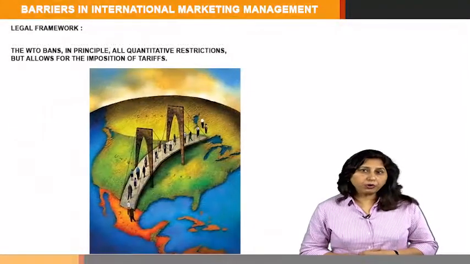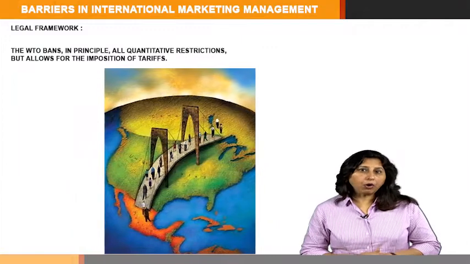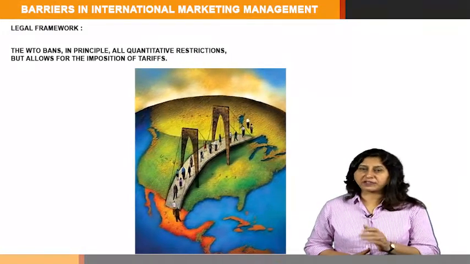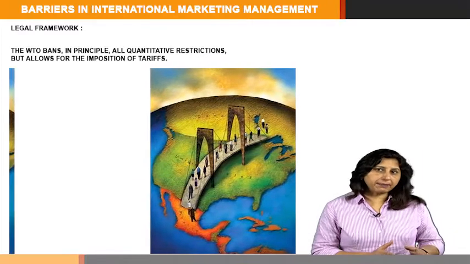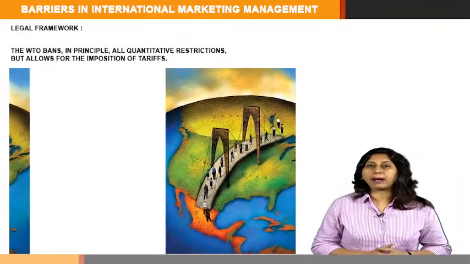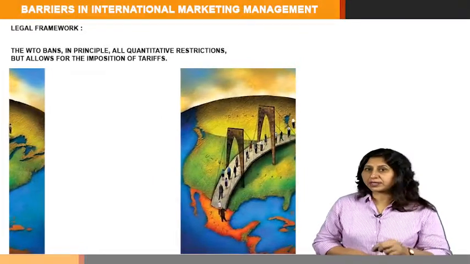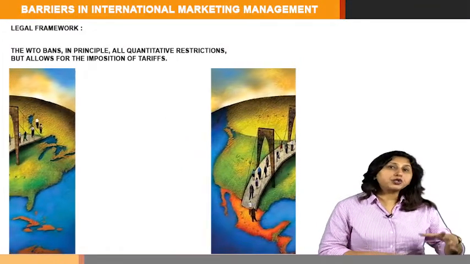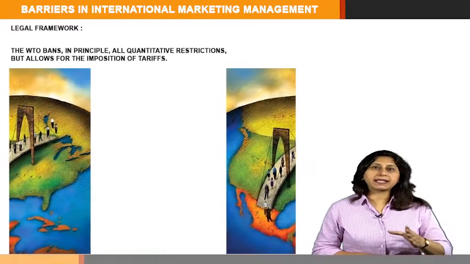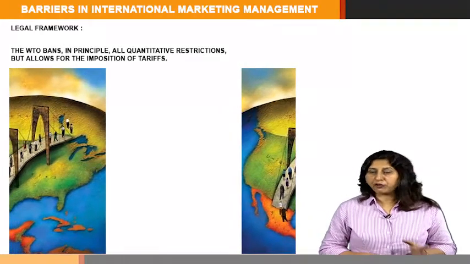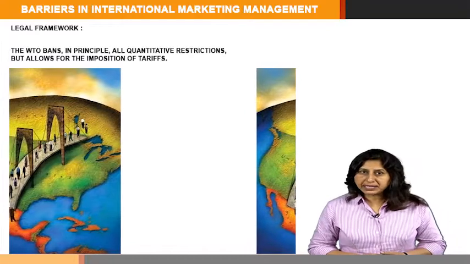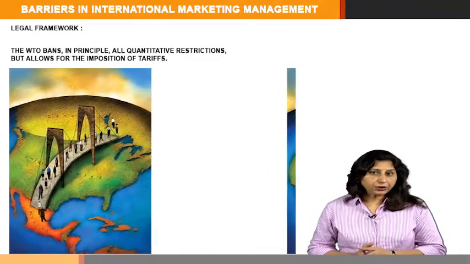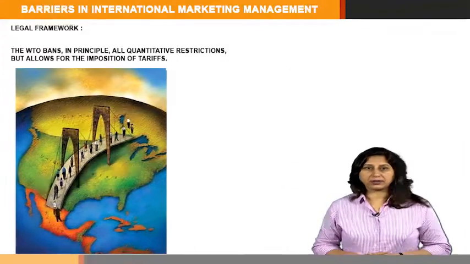The WTO bans in principle all quantitative restrictions but allows for the imposition of tariffs. It then attempts to reduce the barrier posed by tariffs in tariff negotiations among member countries, whereby they agree to bind themselves to maximum rates, bound rates, for individual items, in principle following the tariff classification nomenclature, and negotiate for their progressive reduction.